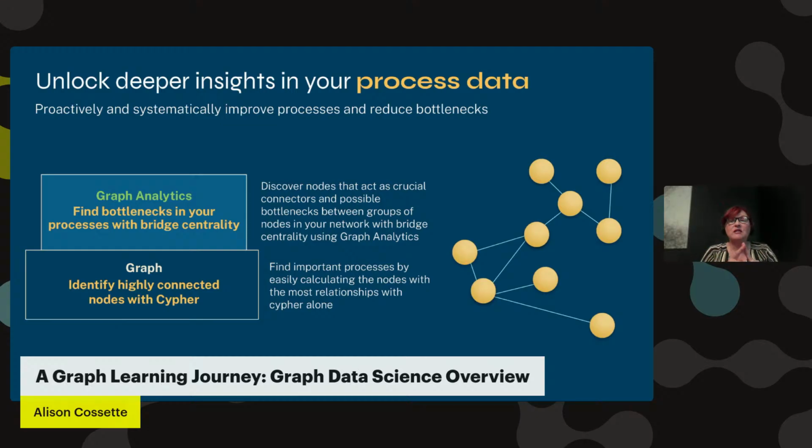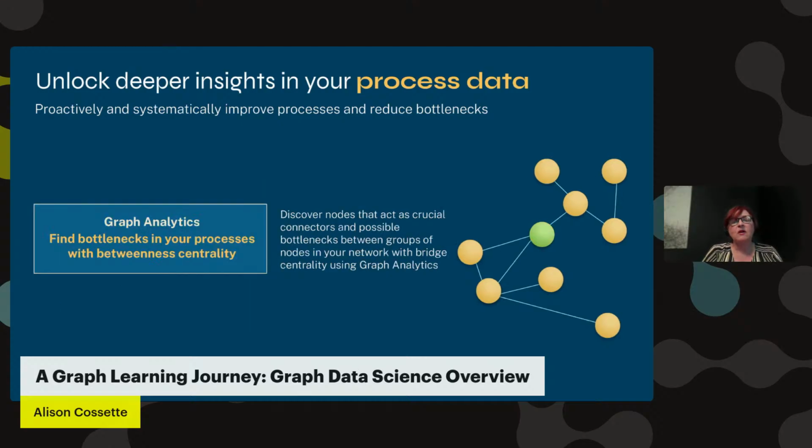That person has a high bottleneck potential because there's no redundancy of communication across those pieces. That's what we call bridge centrality or betweenness centrality. So this is one of the ways you could use a graph algorithm like betweenness centrality to really understand what's happening in that process data, or find those high risk points, those high impact failure points within the system.